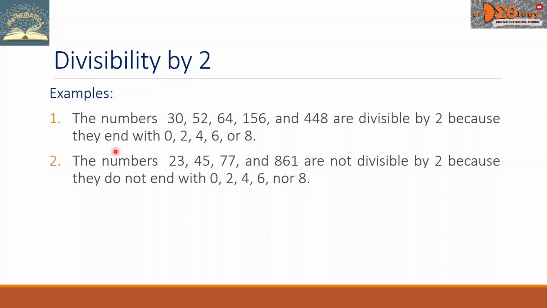Second example, the numbers 23, 45, 77, and 861 are not divisible by 2 because they do not end with 0, 2, 4, 6, nor 8. Or we say that these examples are odd numbers.